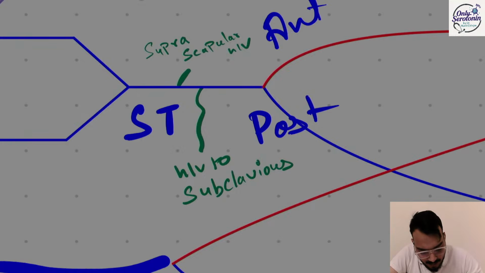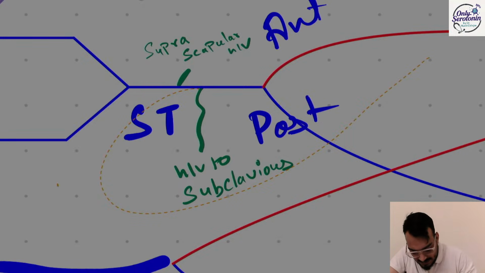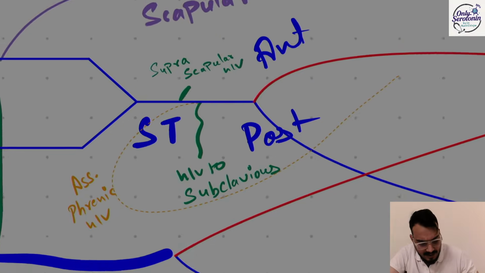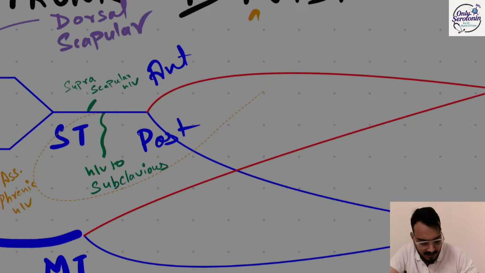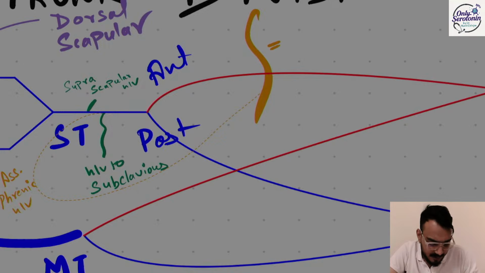One more nerve is going to come here, guys. This nerve is coming from the behind of this nerve to the subclavius, and the name of this nerve is what, guys? The name of this nerve is accessory phrenic nerve. This accessory phrenic nerve is going to attach with one major and very important nerve. The name of this nerve is phrenic nerve, and it is supplying where, guys? Can you tell me?